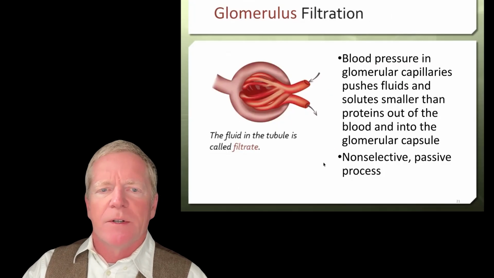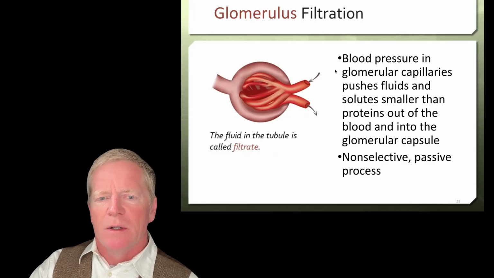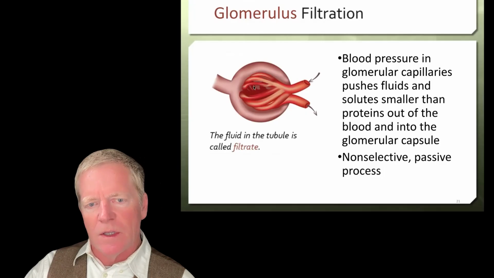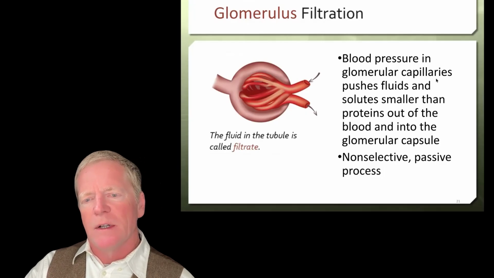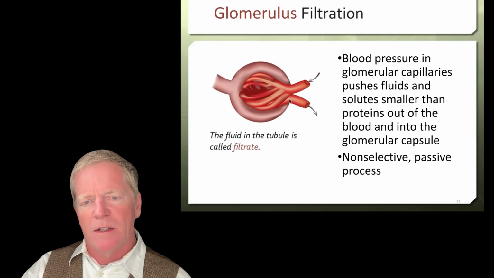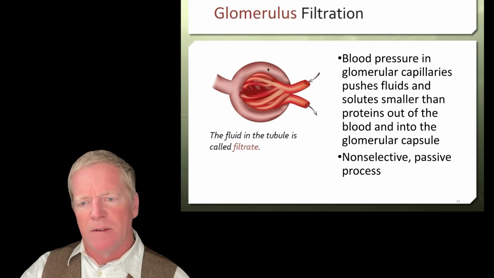The first is glomerular filtration. Blood pressure. Blood is forced into these arterioles, into the glomerulus, and the glomerular capillaries pushes fluids from the high pressure that's going into these glomerular structures, pushes fluids through basically a sieve.